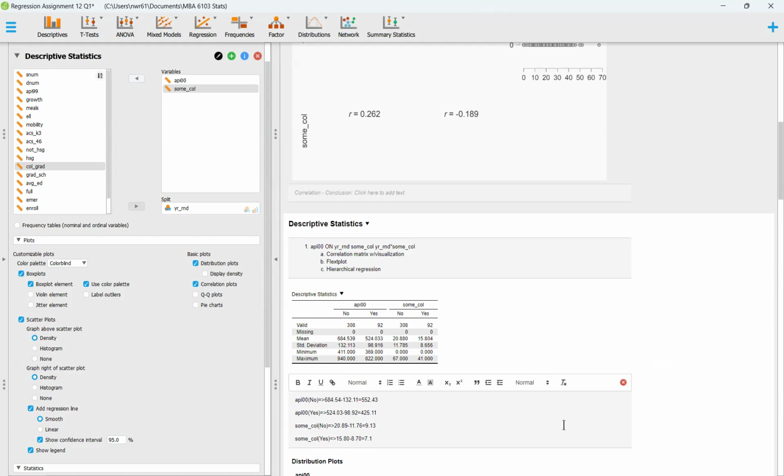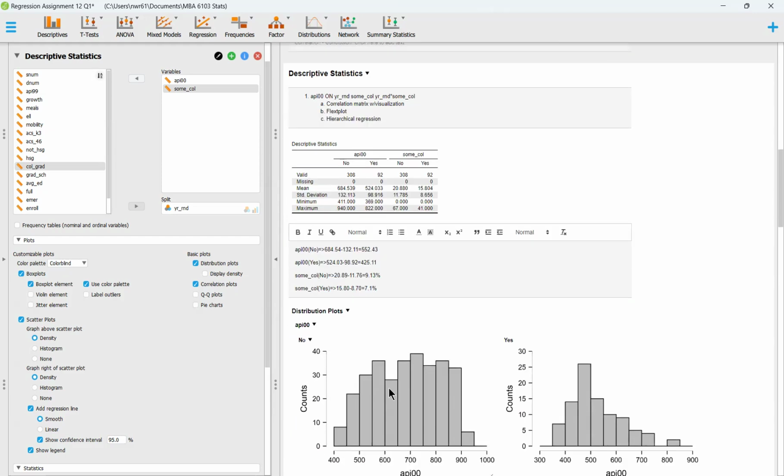Yeah. Okay, I'm right. The percentage of parents whose highest education level is some college, for those that did not do year-round school is 9.13%. And for the percentage of parents that had some college experience and indicated yes, it was year-round, is 7.1. Yes, I got it. Okay, moving on.